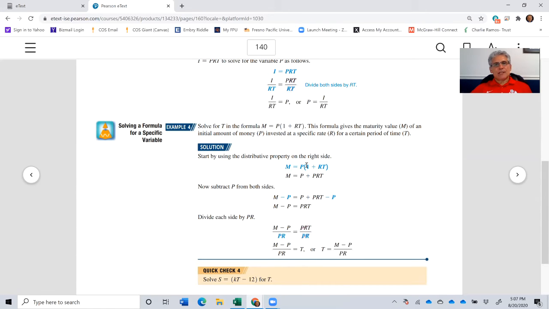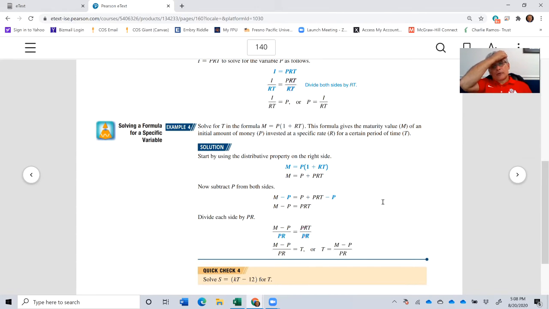M equals P, open parentheses, 1 plus RT, which the distributive property tells you that P times 1 is P, and then P times RT is PRT. So you could rewrite this formula by simply putting M equals P plus PRT.